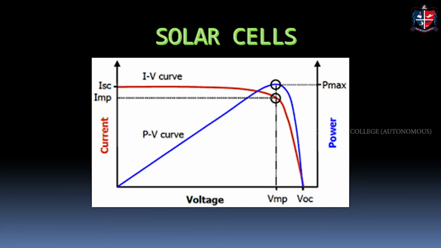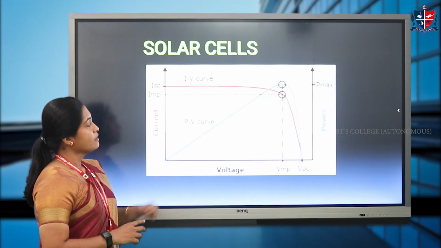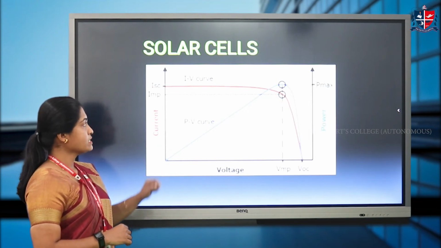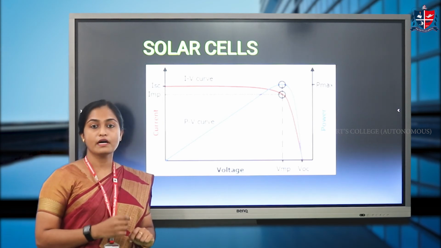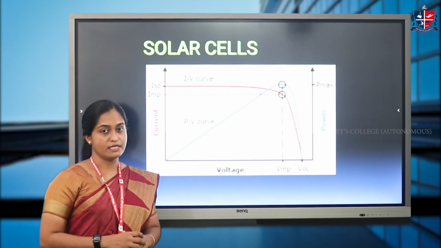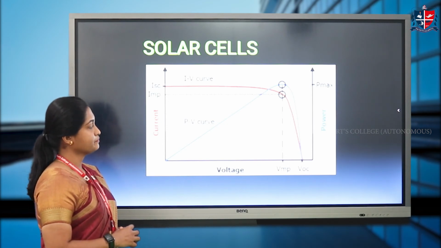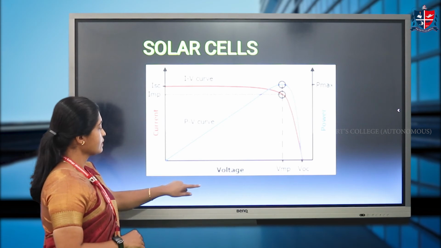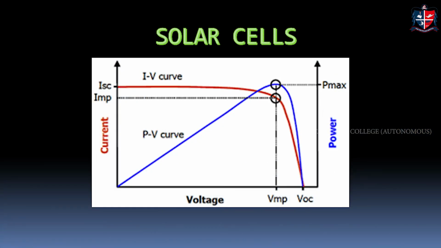Now, in a solar cell, this is the typical IV characteristics. The blue line represents the power versus voltage, and the red curve represents the IV characteristics of a solar cell. From the IV characteristics, we can calculate the fill factor and the conversion efficiency.